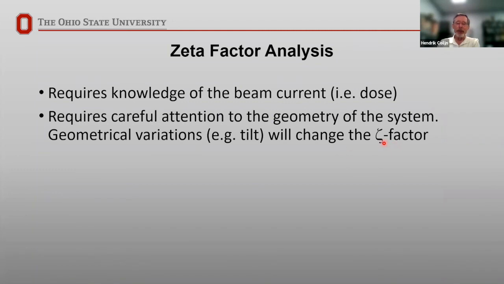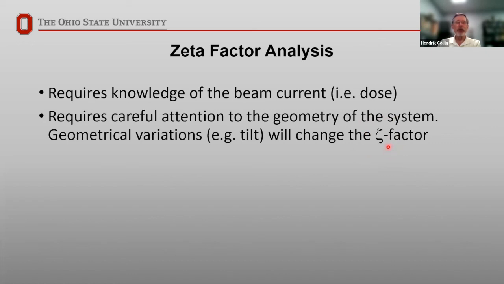The edges of the sample rod that hold your sample in place are elevated above the sample, so they will shadow the X-ray detector from your sample. So as you tilt, this geometry will change. Or even if you are looking at a different point on your sample, that can also affect the efficiency of collection, which also can affect the Zeta Factor.